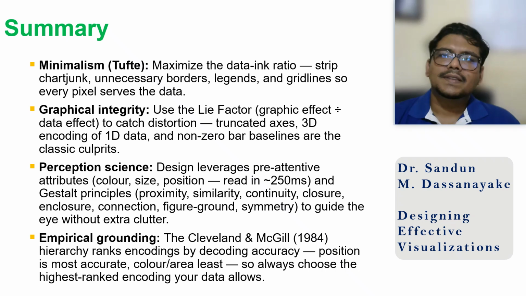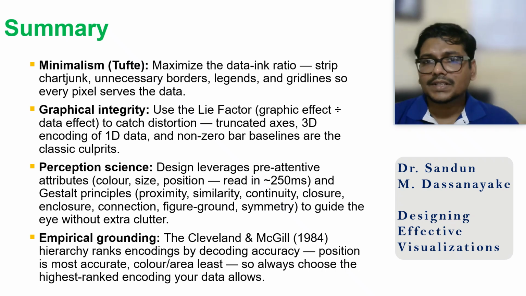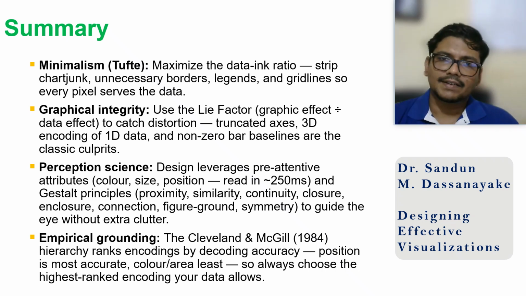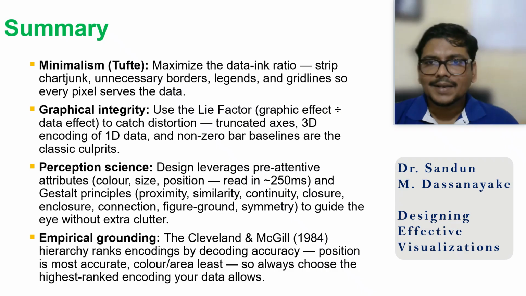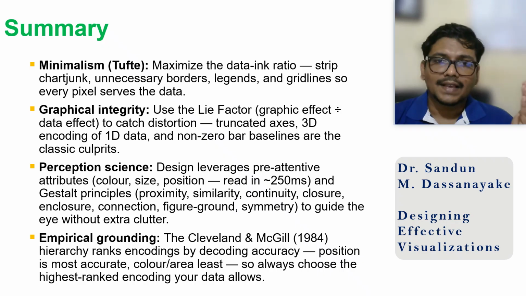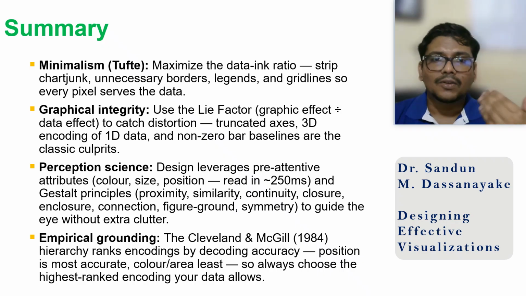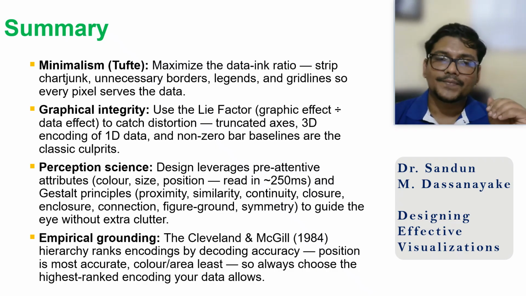Understanding perception science allows us to design visuals that tap into pre-attentive attributes such as color, size, and position, which our brains read in about 250 milliseconds, as well as Gestalt principles like proximity, similarity, and closure that guide the viewer's eye smoothly through the data.